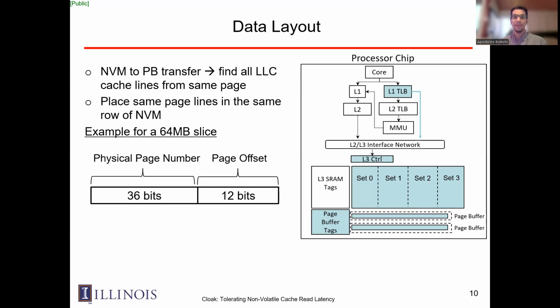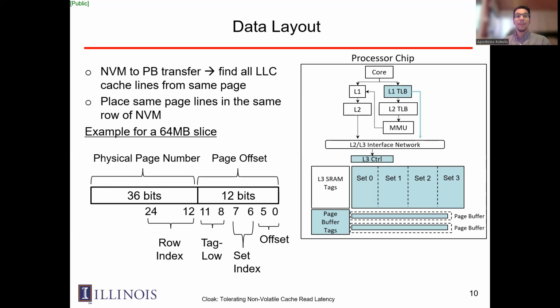So what we do is that we use the first 6 bits for cast line offset as usual, and then we can use bits 6 and 7 to index within the different sets of the LLC. But the next bits, 8 to 11, are not going to be used for indexing. Instead, they're going to be part of the tag, and we call these bits tag low. Then we're going to use bits 12 to 24 from the physical page number to index into the row of the LLC.